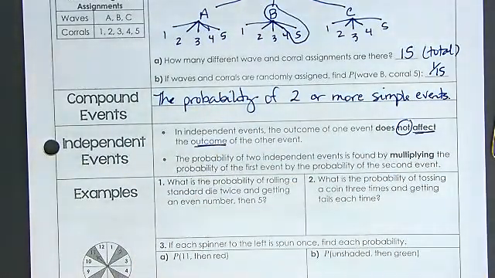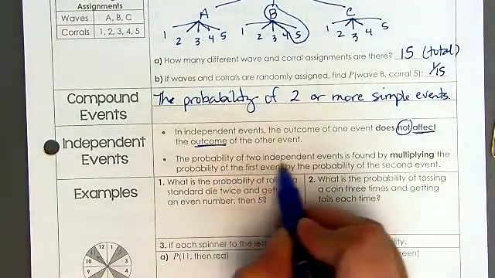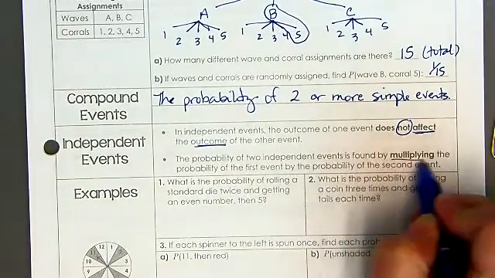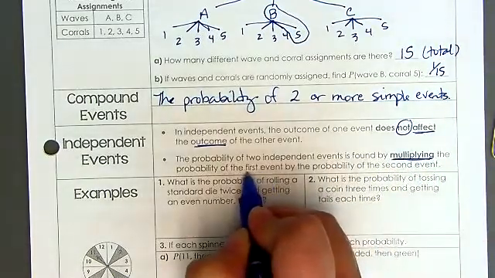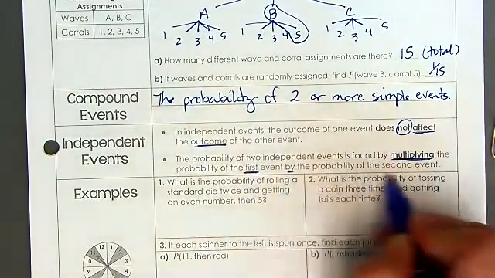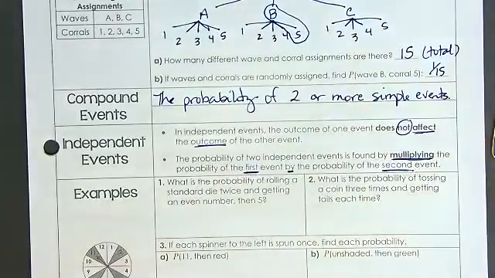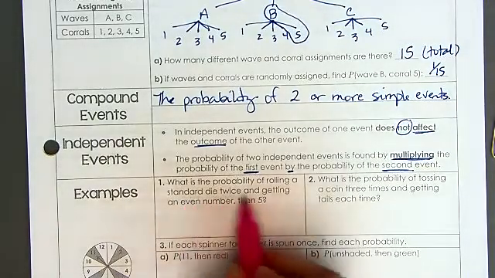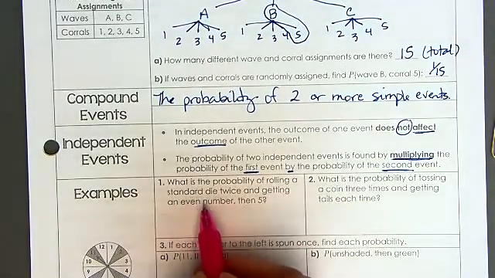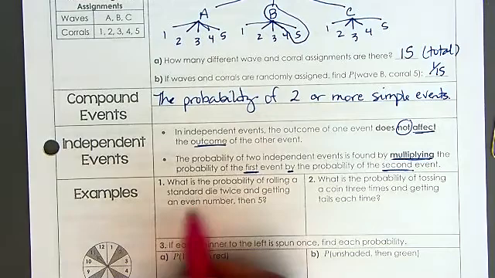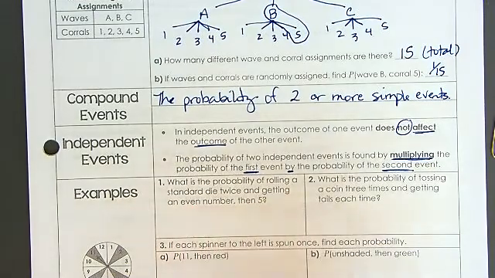That means the 2 things are not going to be related to one another, or they're not going to depend on each other. The probability of 2 independent events is found by multiplying the first event by the second event. For instance, in number 1, what is the probability of rolling a standard die twice and getting an even number, then a 5?